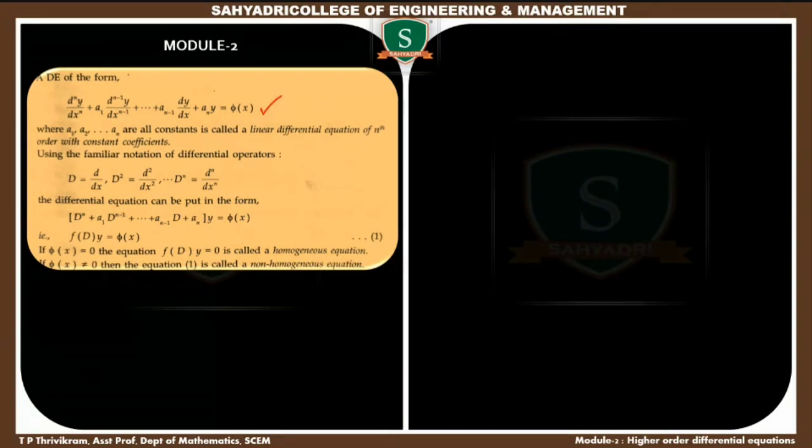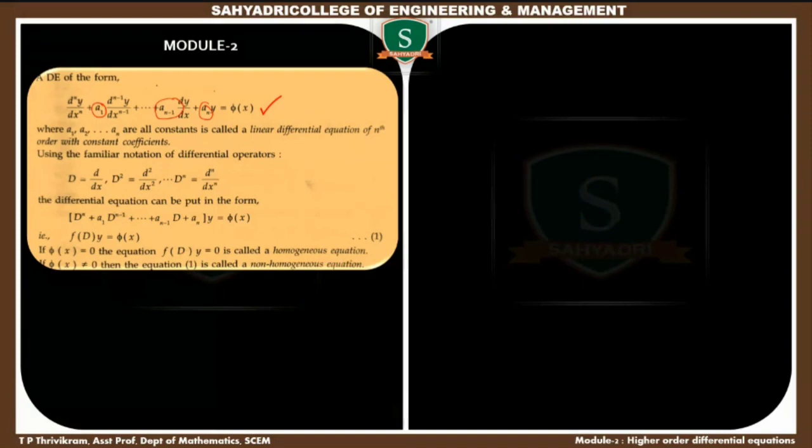The highest derivative plus some constant times the lower derivatives, and it continues like that, equal to some function in x. Here a1, a2, a3 and so on up to an are all nothing but some numbers.